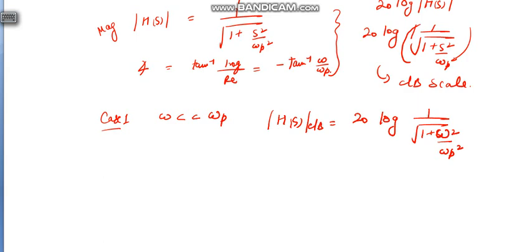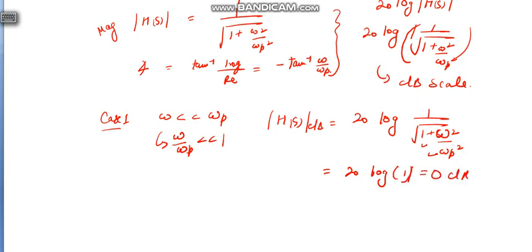Let me correct one thing, here it is omega square. Now omega upon omega p is less than 1, so as compared to 1 we can ignore this term, so it will be 20 log 1 equals 0 dB.